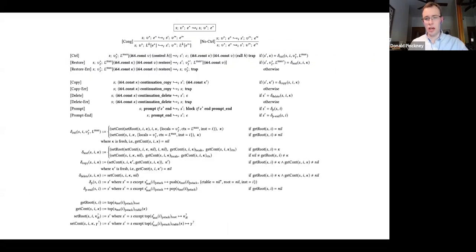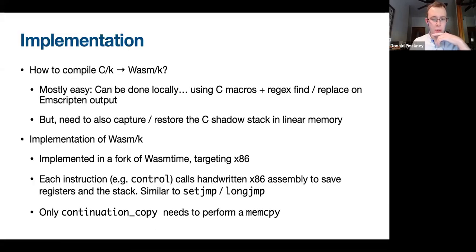I'll quickly say that we also have pencil and paper proofs of type safety, that is, preservation and progress theorems, using the semantics, and you can check out those proofs in the full paper on arXiv.